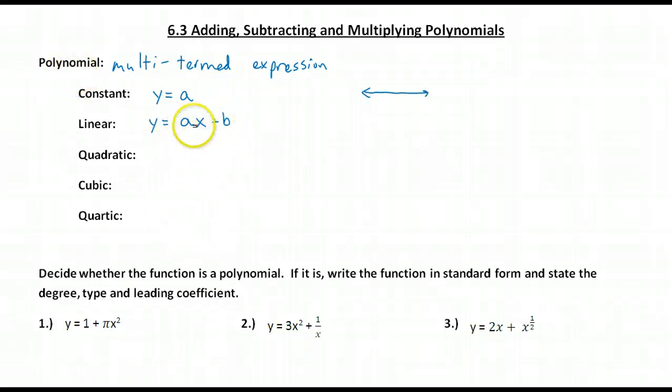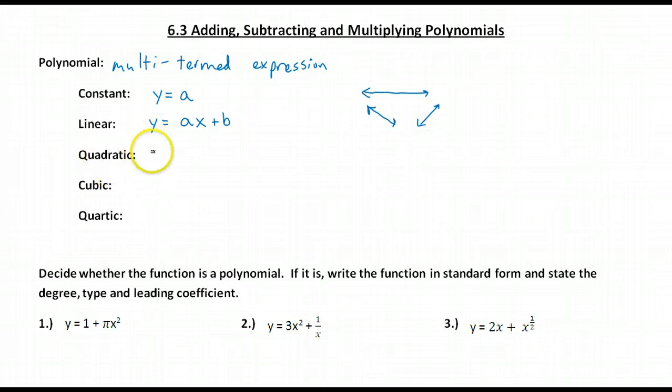If we think of a as our slope and b as our y-intercept, this is the equation of a linear polynomial. The graph of a linear polynomial will either be negative or positive.